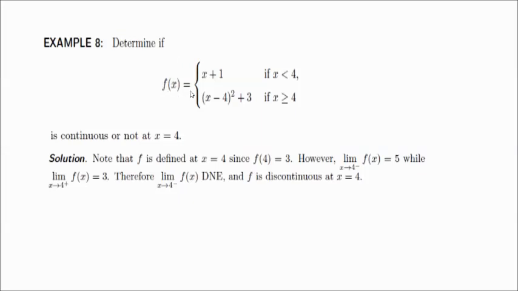So determine if this function is continuous or not at x equal to 4. Since class, okay, sige, allow me to read na lang. So note that f is defined at x equal to 4 since f of 4 is equal to 3. So yung 4 is naka-define.